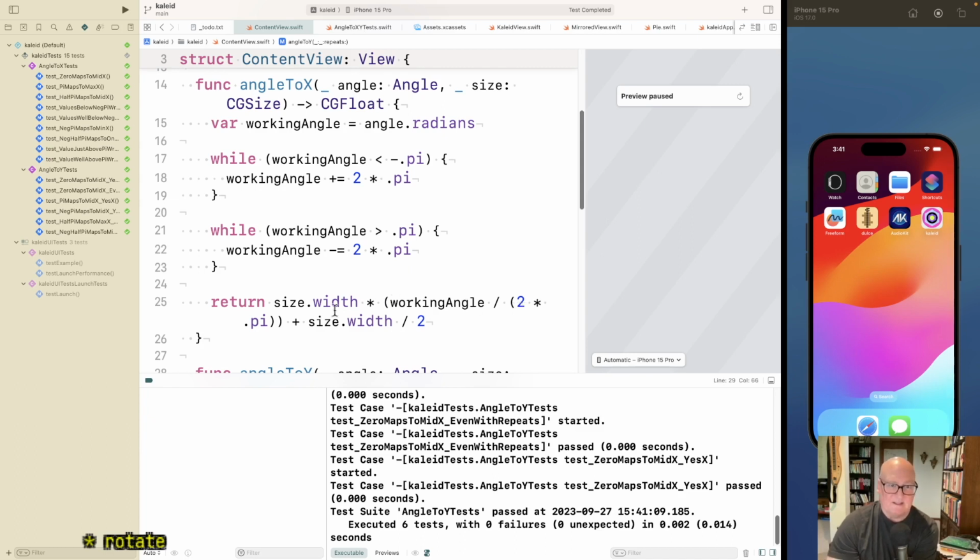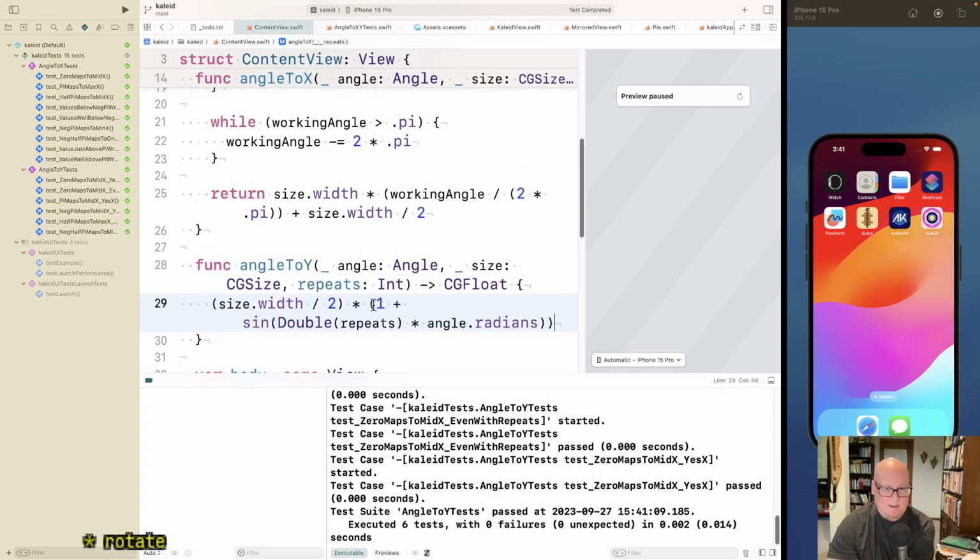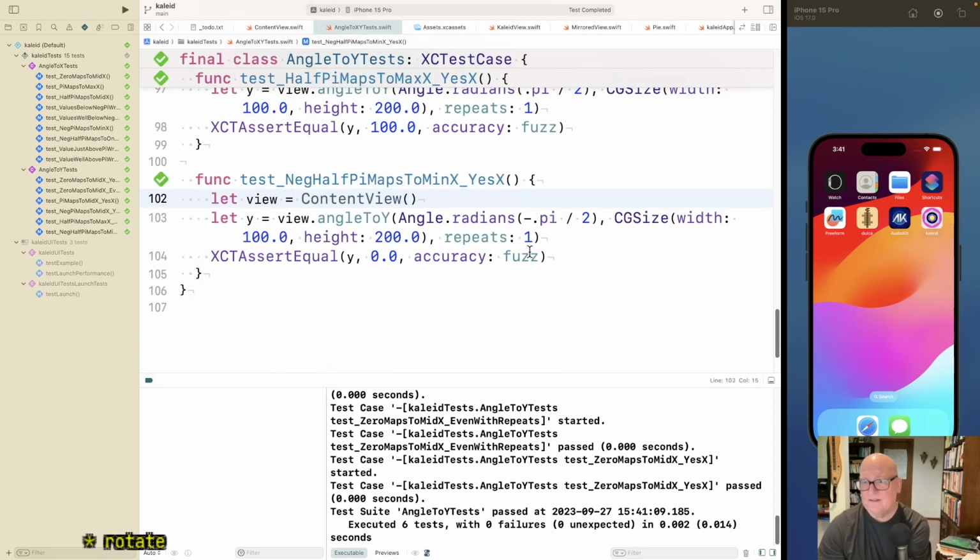I think it's 1 plus working angle divided by pi. I don't know. I'm going to leave that one. All right, but we haven't dealt with the wrapping yet. And that, oh, I see we're out of time.